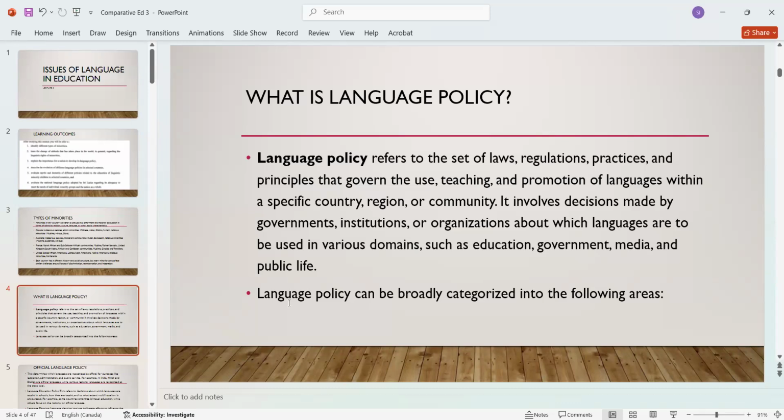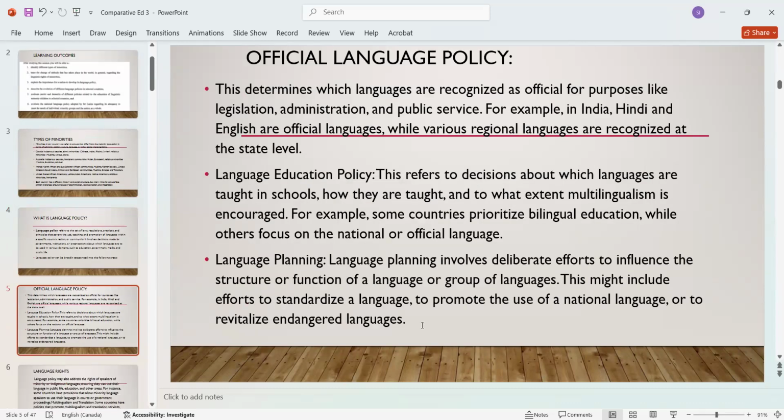So language policy can be broadly categorized into the following areas. That means official language policy. This determines which languages are recognized as official for purposes like legislation, administration, and public service.